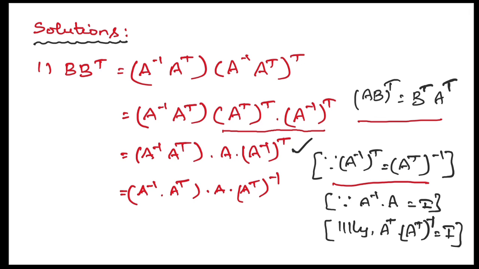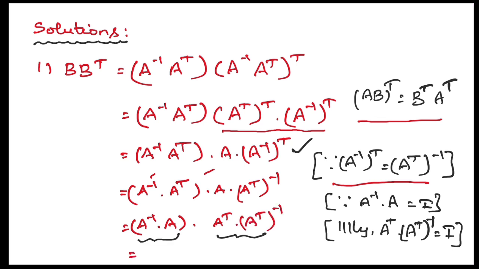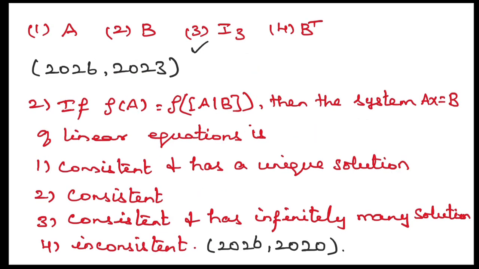Now we can write A inverse into A into A transpose into A transpose the whole inverse. So that is equal to I into I is equal to I, identity matrix. So the answer is I3 since it is a 3 by 3 matrix.